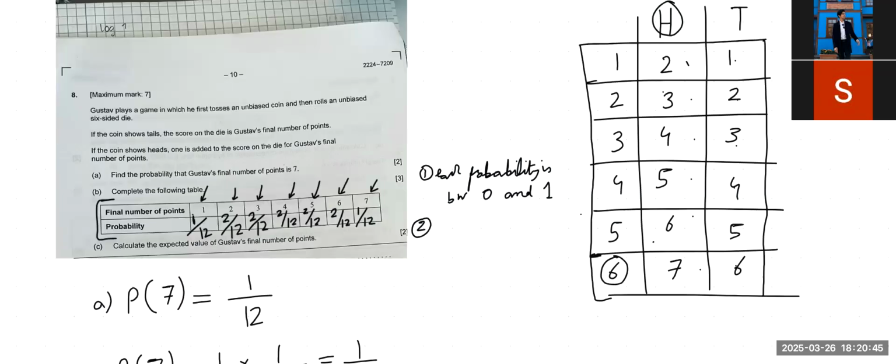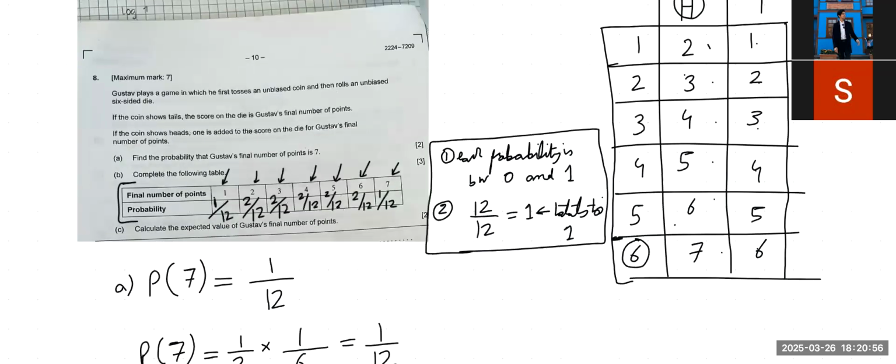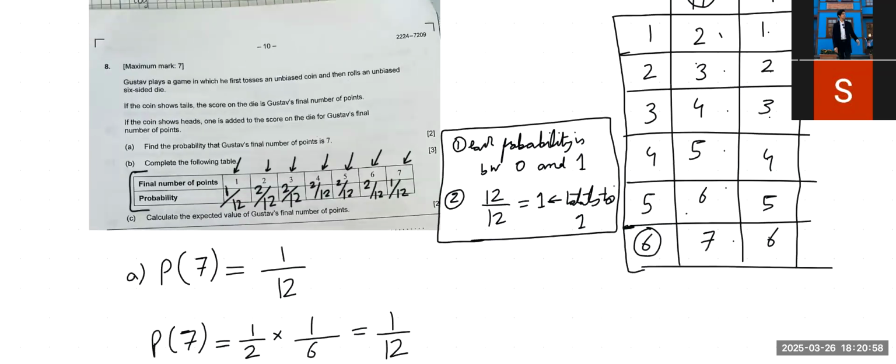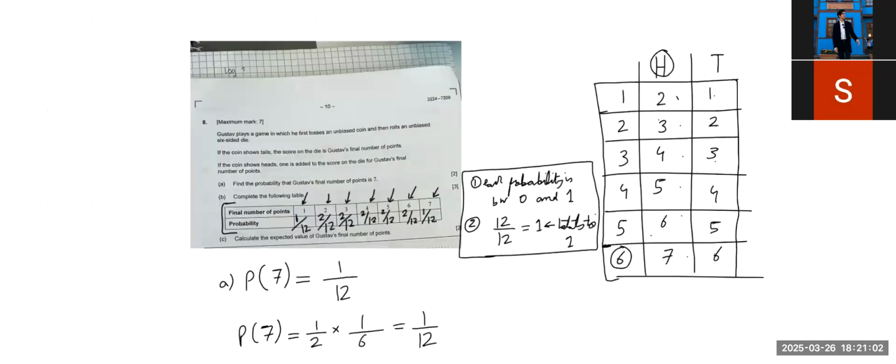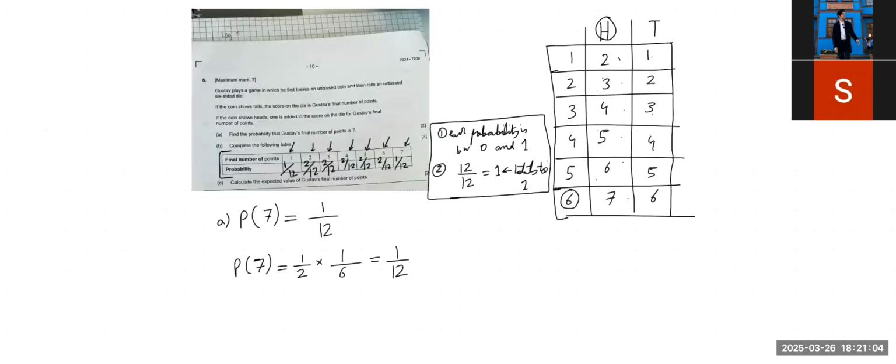So the total is indeed 1. So this is also showing us that this is a valid distribution. So these are the two rules that you need to check if someone asks you if a given probability distribution is valid. The total probability is 1 and each individual probability is between 0 and 1.